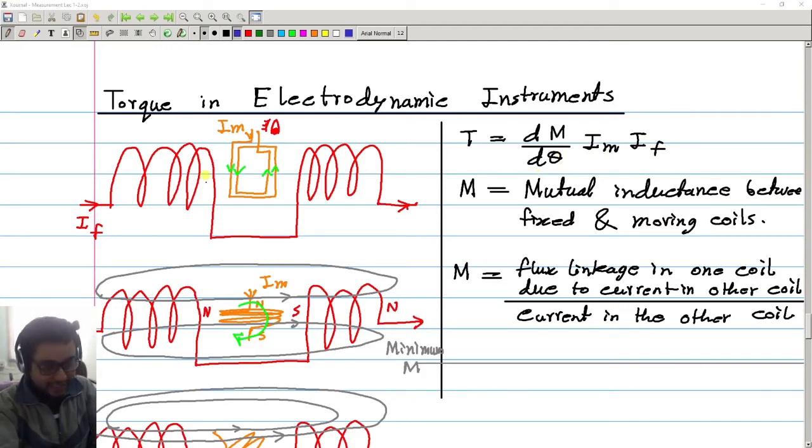Now if currents are changing, then for any moment, as you said, find out the instantaneous values of the currents and the instantaneous angle at that moment. Put those values here. That will give the instantaneous torque, even if the current is changing.